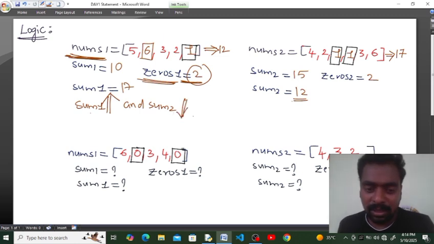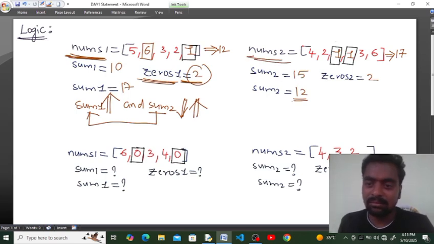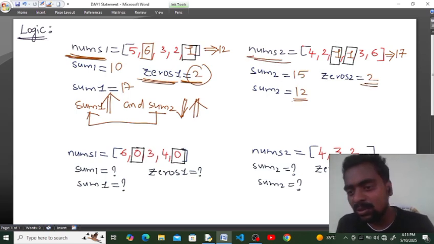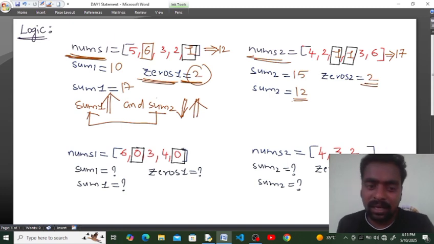So it means that you have to increment the value of sum2 so that sum1 and sum2 will become the same. To do that, nums2 should have at least one zero. Here, how many zeros do we have? Two zeros. So definitely we can make sum2 exactly equal to sum1.